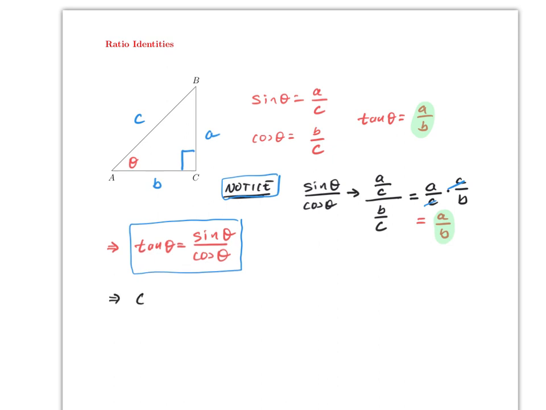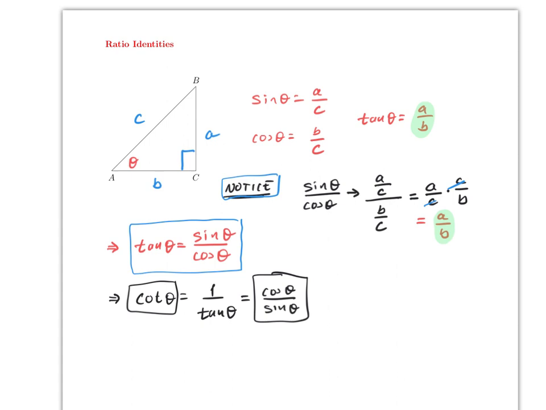And remember that cotangent of theta was equal to 1 over tangent, or the reciprocal. So therefore, if we use that, if you do the reciprocal of this, that means the cotangent is just cosine theta over sine theta. And you should also memorize this.